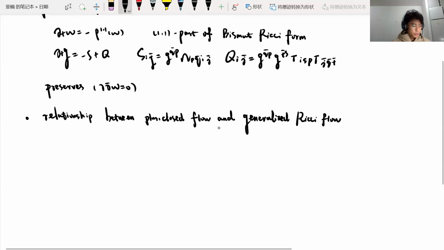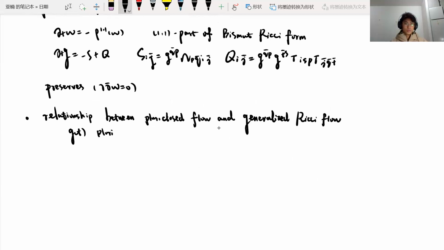More precisely, if g_t is a solution to the Floricos flow, then we can rewrite it using the Bismut-Levi-Civita connection plus the decimal torsion form. Here theta is a one form.